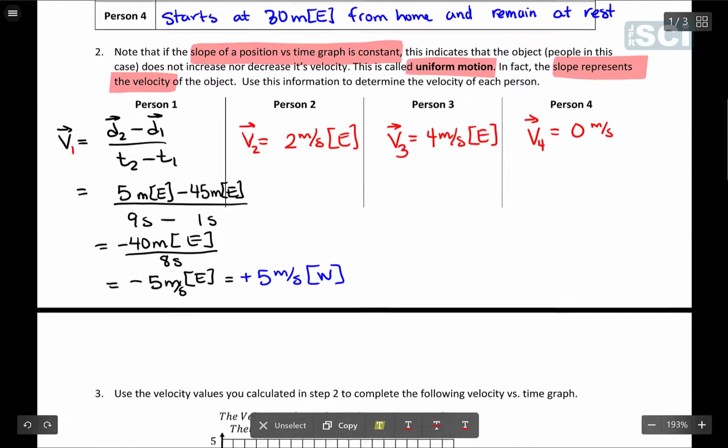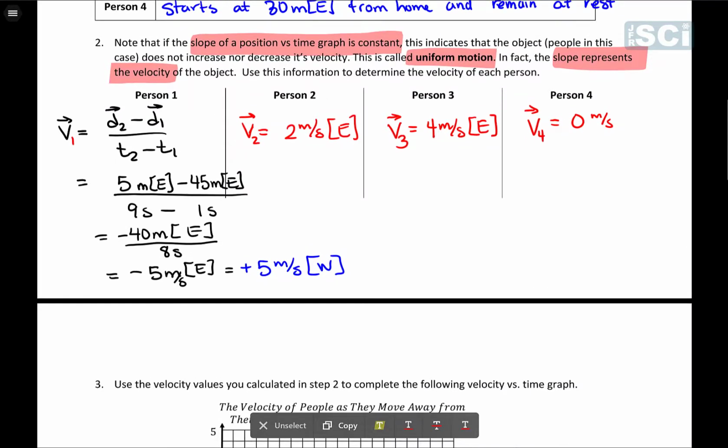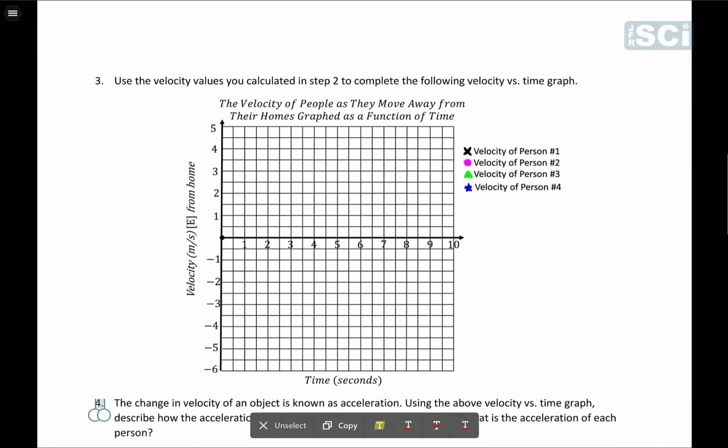Okay, so if we try to graph this, person 1 was moving at 5 meters a second west or negative 5 meters a second east. That means that their line is right here. This is person 1, and that means that they would have a velocity that remains constant at negative 5 meters a second east, or 5 meters a second west.